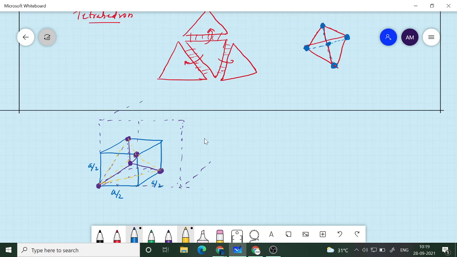Okay, so this is an alternate way. The way I have drawn, again, this should not be thought of as sitting at the corner. It is at the center.